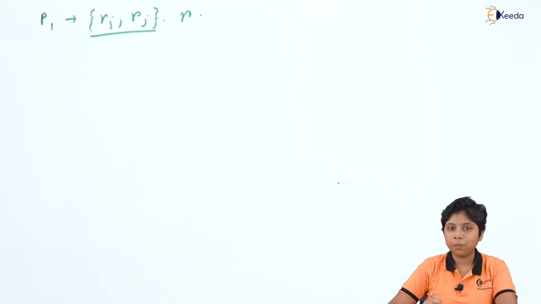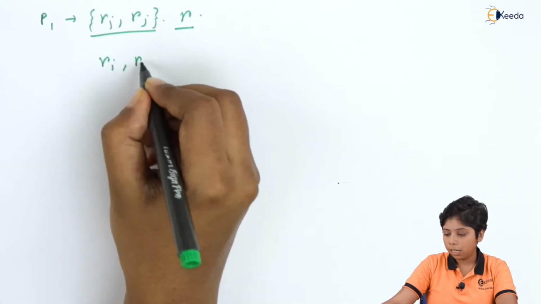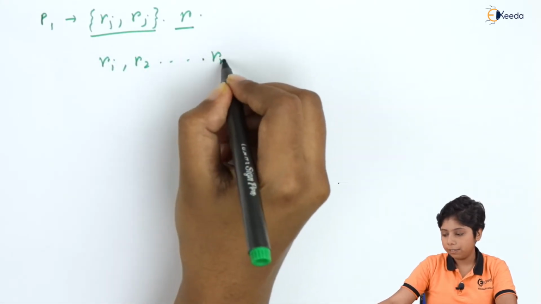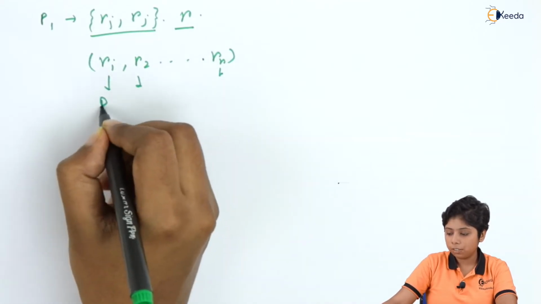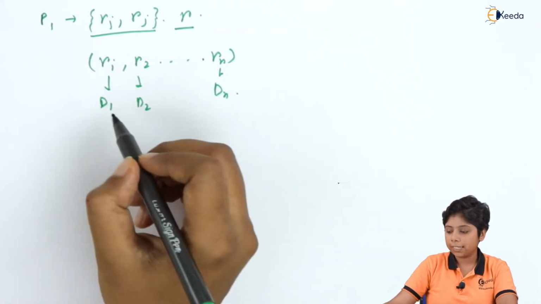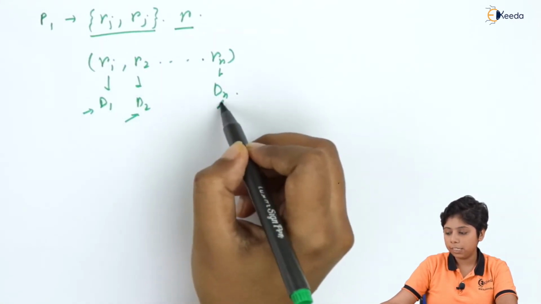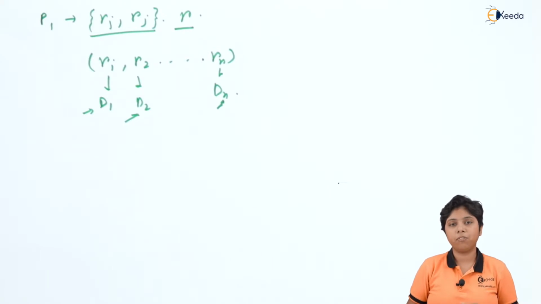But if we fragment the data R into R1, R2 to Rn, and each of these is stored in D1, D2 and Dn, now P1 can access D1, D2 and Dn depending on the area it needs to access in the relation. So fragmentation is clearly a better way than replication, because now only the portion that is needed by a processor can be accessed by it.